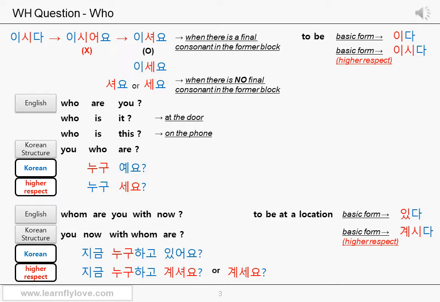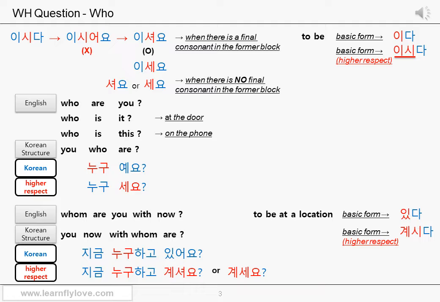You already know how to make the higher respect form of the predicate 이에요 or 예요, but let's take a look at it together one more time. The higher respect form of the basic form of the predicate 이에요 or 예요 is 이시다, and the stem is 이시.